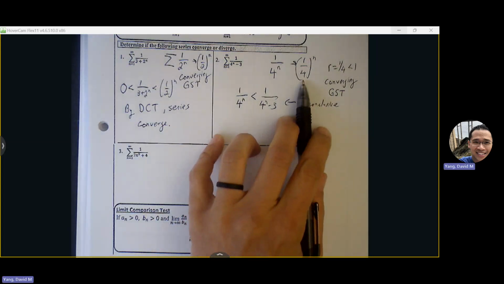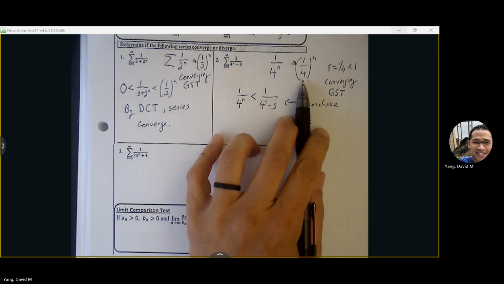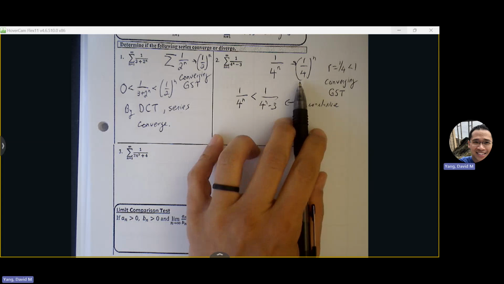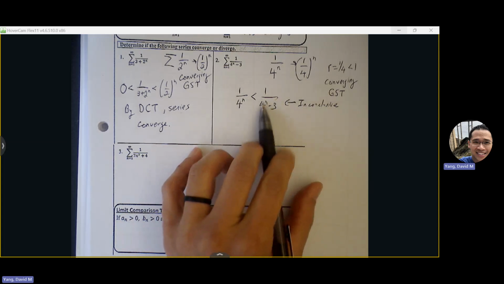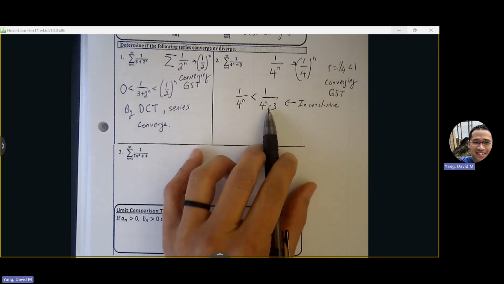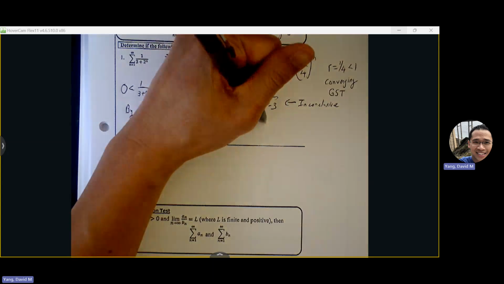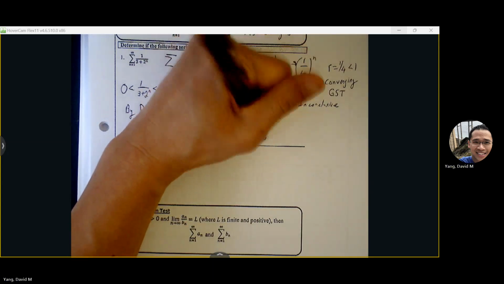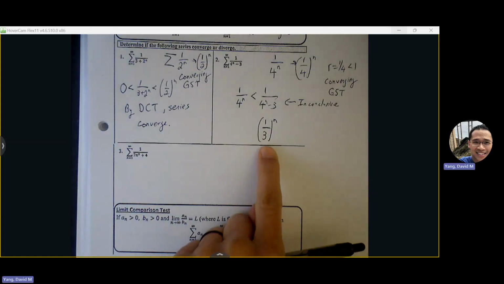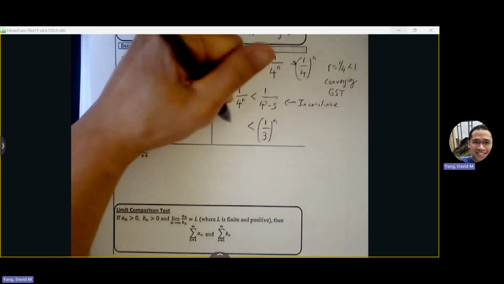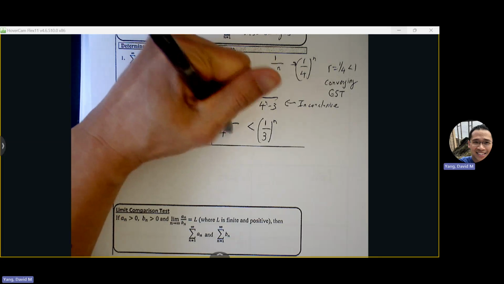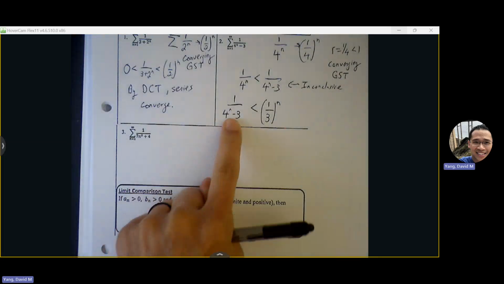Maybe we don't have to stick with 1/4 to the n. Maybe we can stick with something that is smaller than this that we know for sure will converge, and then make this a comparison point that is smaller than our converging series. What if we compare with 1/3 to the n? Will this converge? This converges, right? And we know that in 1/4 to the n minus 3, that 3 is not going to make much of a difference.